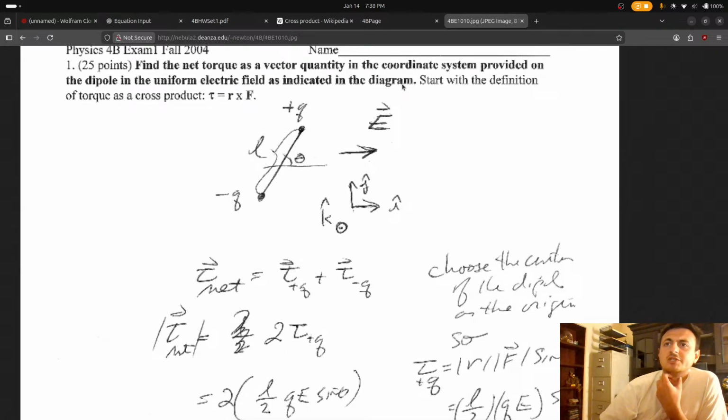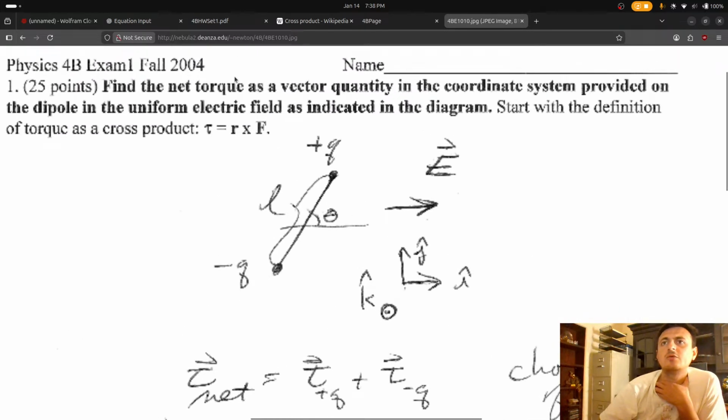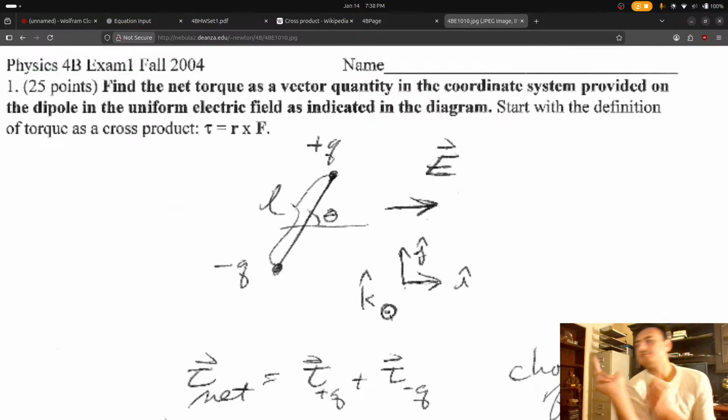Oh, this one looks good. I think I can do this one. Find the net torque as a vector quantity in the coordinate system provided. I'm guessing that's an I and that's a J, and K is out. That's the way I like it.